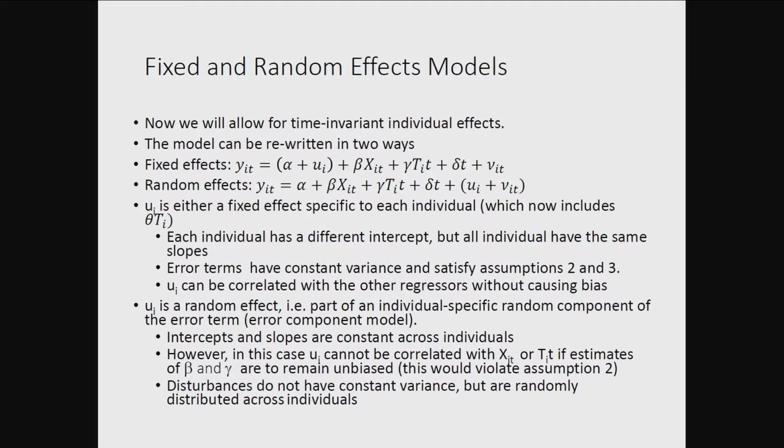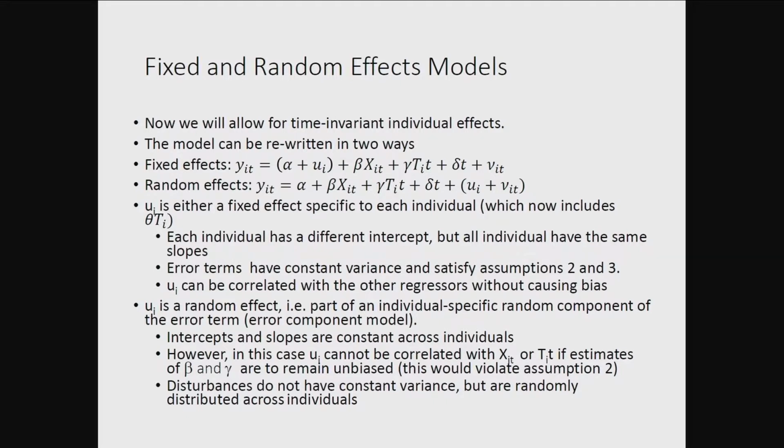Because if you compare the 3rd and the 4th line, you will see that we have alpha in the two lines, we have ui in the two lines. Here it's in the beginning, in the other line it's at the end. We have nu i in both. We have beta xi, gamma zi, and delta t. So in terms of mathematical notation, it's the same. But it depends on how we're going to arrange the terms.